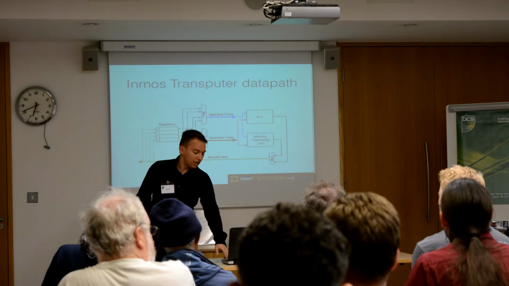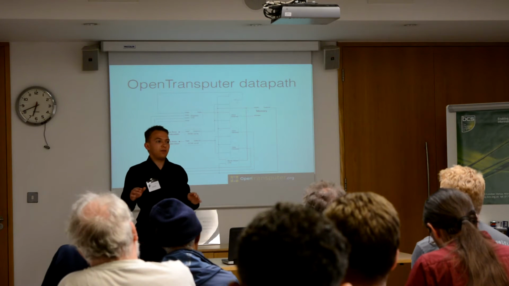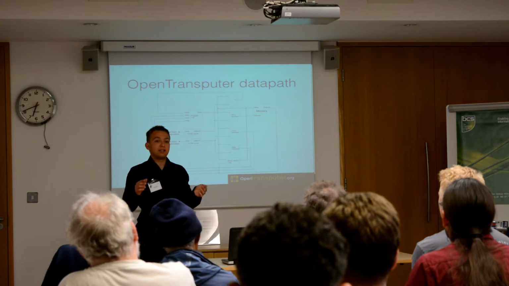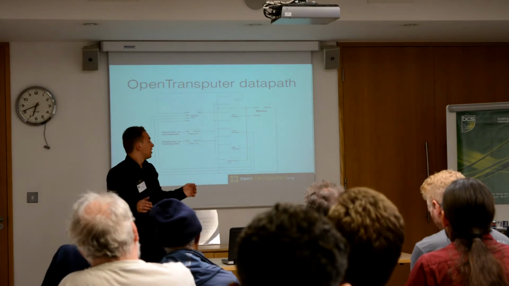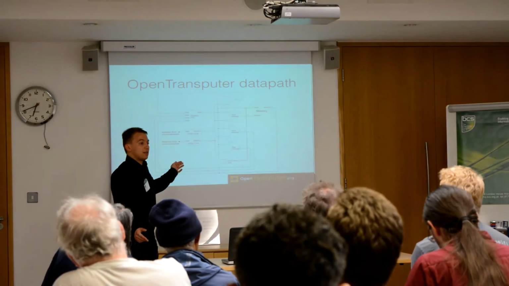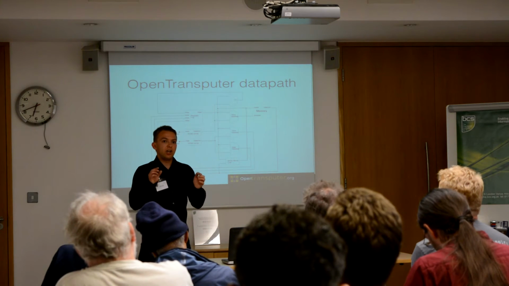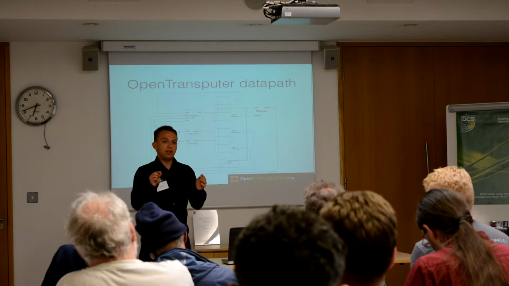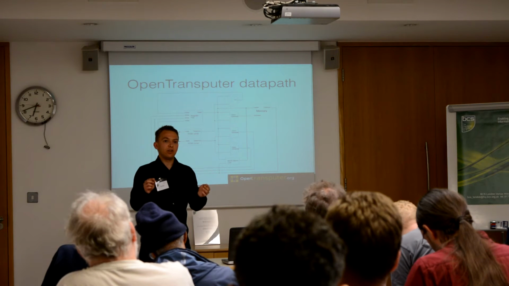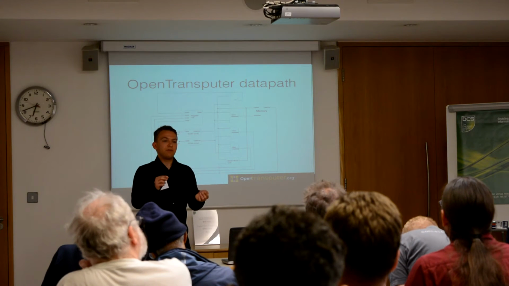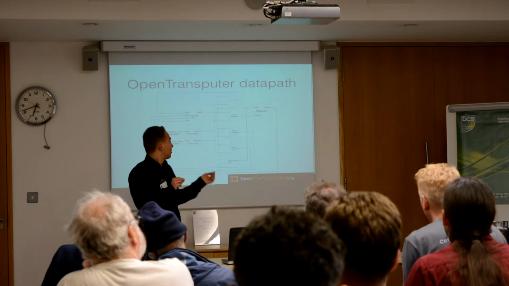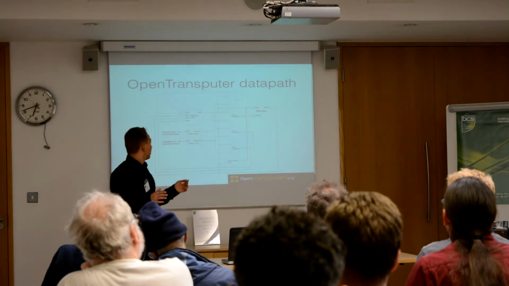With the OpenTransputer, we didn't have the same sort of constraints when implementing the data path, which means we have a much wider data path. In this data path, every register is connected to each functional unit by an individual wire if that functional unit needs a value from that register at any point.